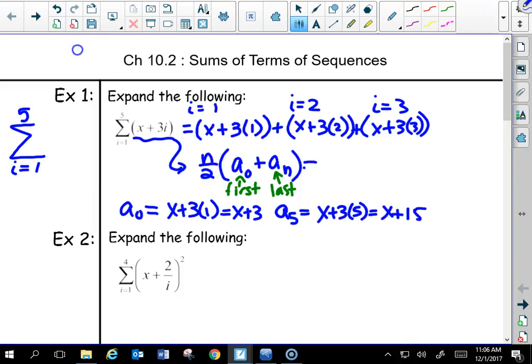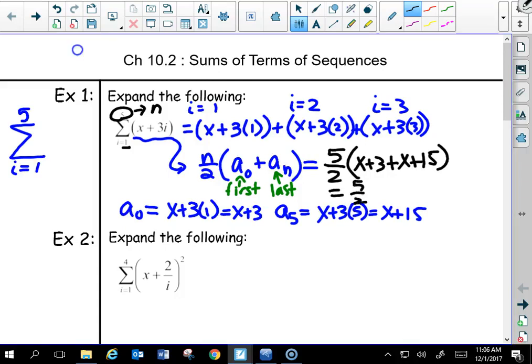Now we've got the numbers to fit into this, and by the way, if we start with a counter of 1, then that's our n. So we're going to use 5 over 2 times x plus 3 plus x plus 15, which is 5 halves times 2x plus 18.